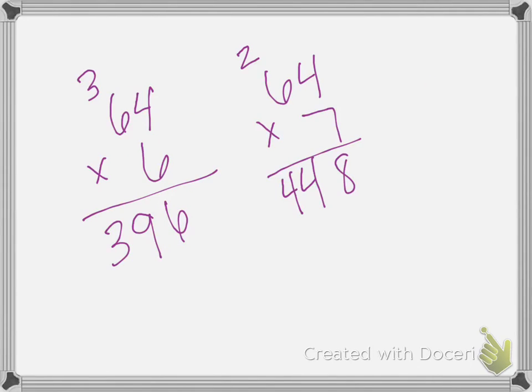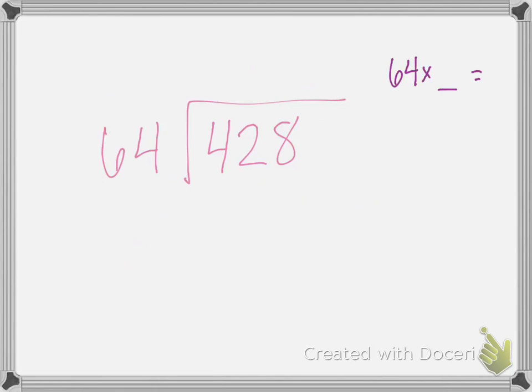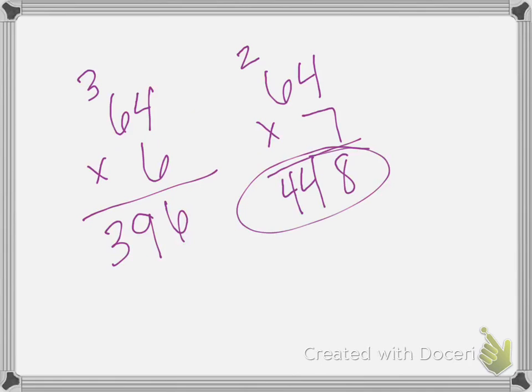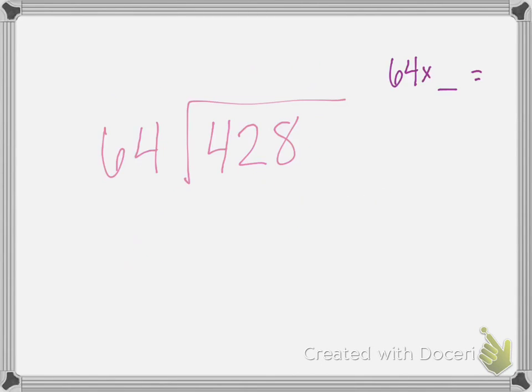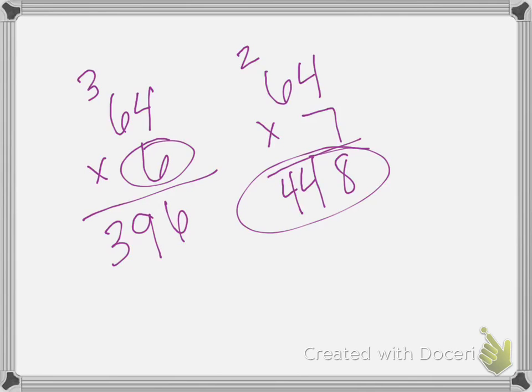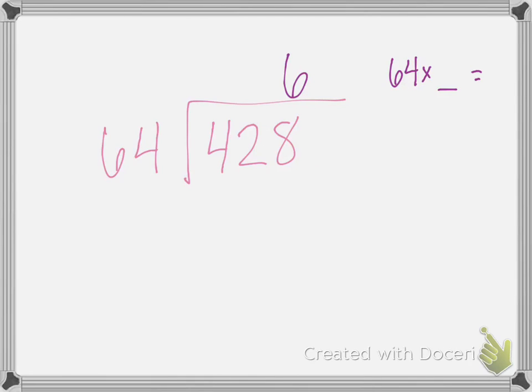So that would be too big because we're trying to get to 428 or near it. So that means we have to use 6. So 64 can go into 428 6 times. The 6 goes above the 8 because we used the whole number in here. So it has to go right up there. All right, 6 times 64, we said, was 396.